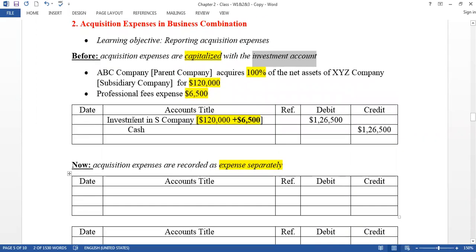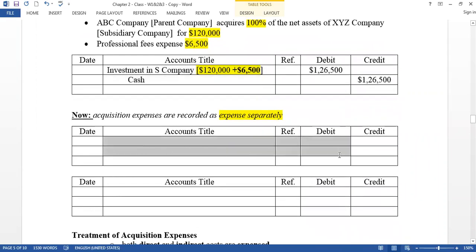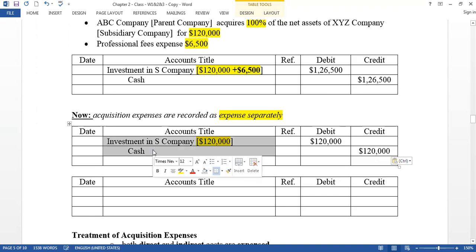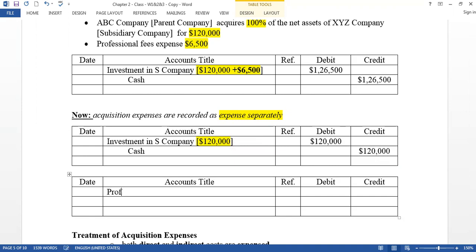So according to the new rule, this is the journal entry for investment, and we record professional fees expense debit, and cash credit.